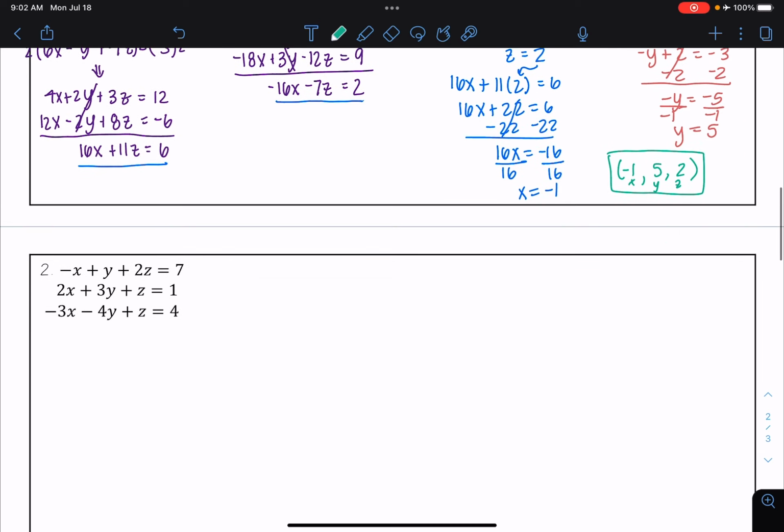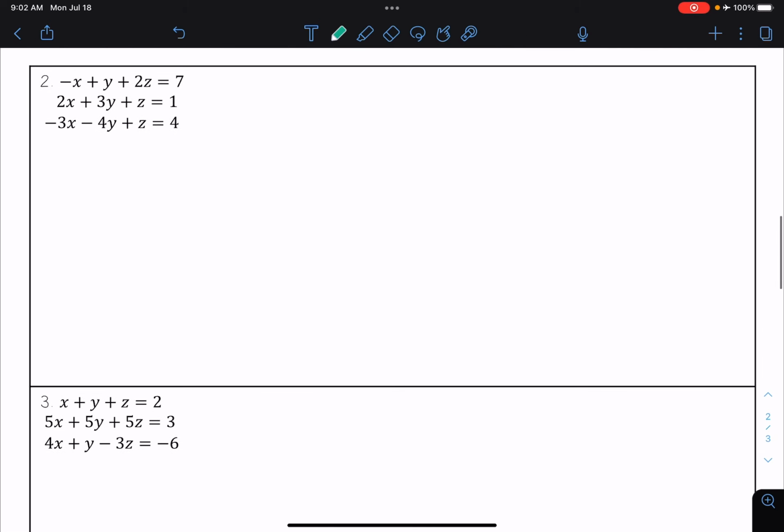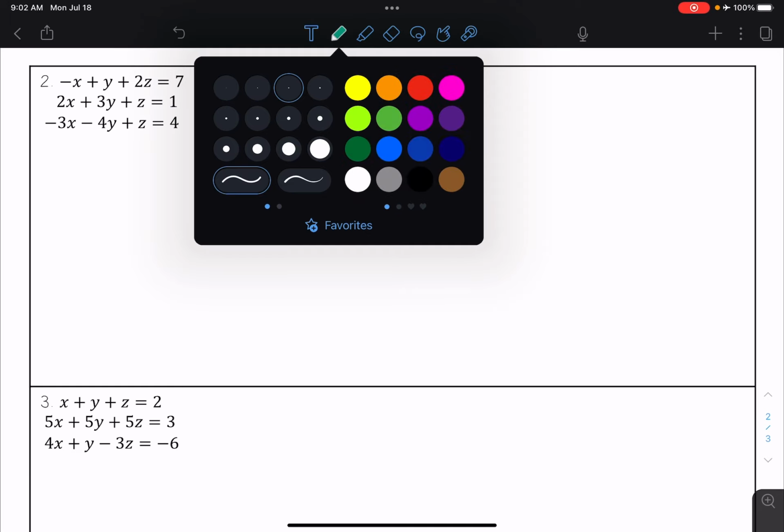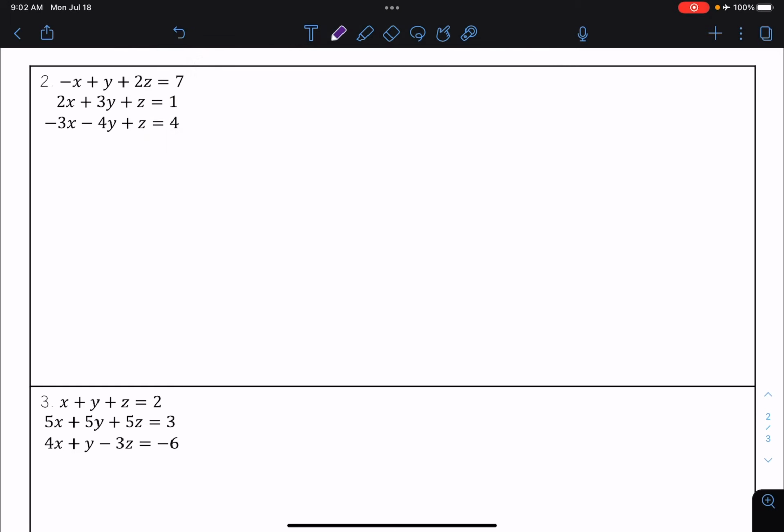Okay, let's look at one more example for this video. Here I have negative x plus y plus 2z equals 1, 2x plus 3y plus z equals 1, and negative 3x minus 4y plus z is equal to 4. Okay, so for this one, it really doesn't matter which variable you end up choosing.